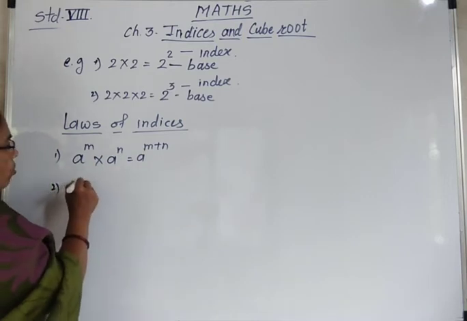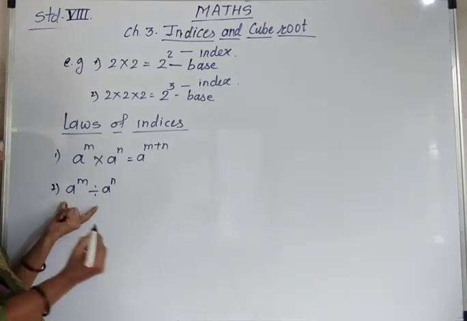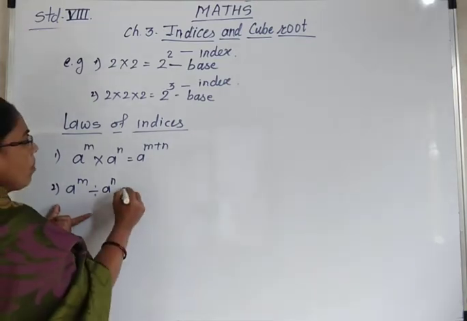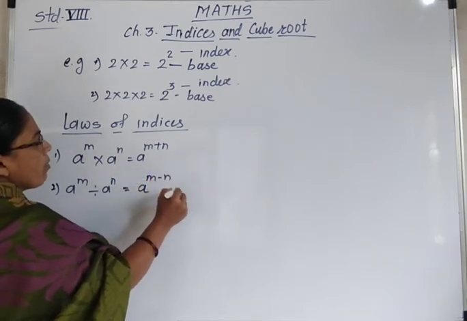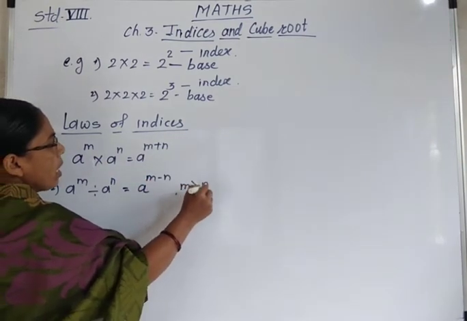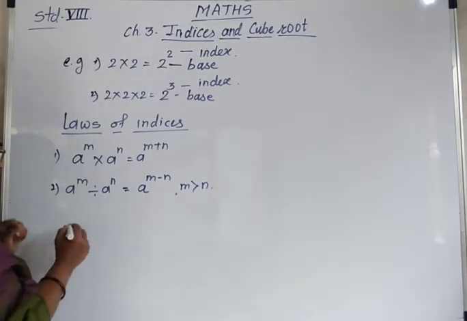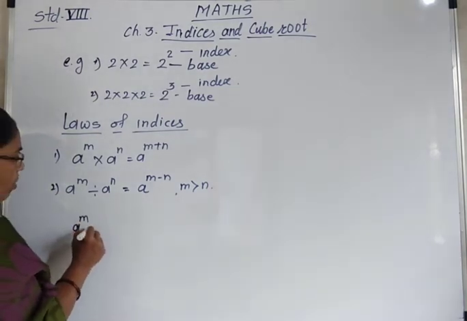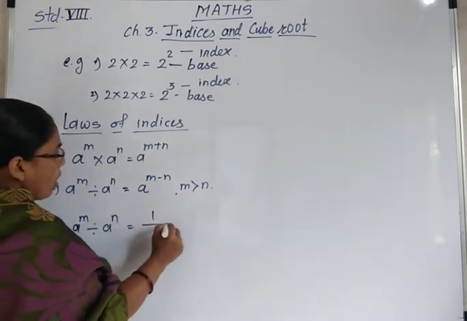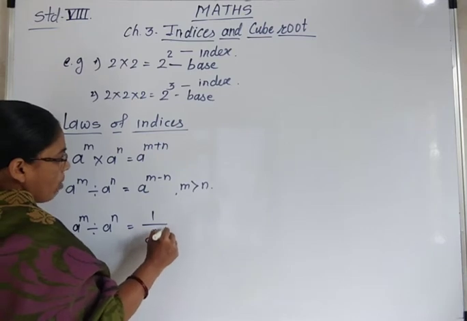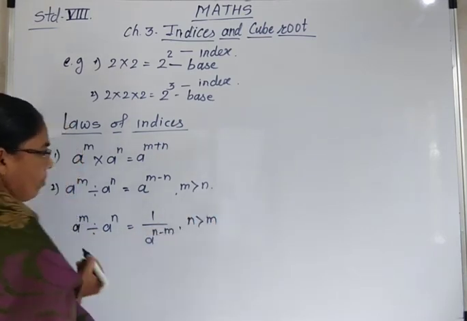Second law: a raised to m divided by a raised to n, the division of two index form numbers when the base is the same, we have to subtract their indices when m is greater than n. A similar law holds when n is greater than m: a raised to m divided by a raised to n is equal to 1 upon a raised to n minus m, when n is greater than m.